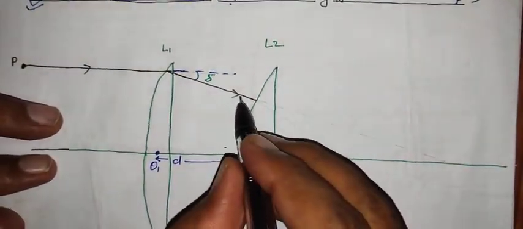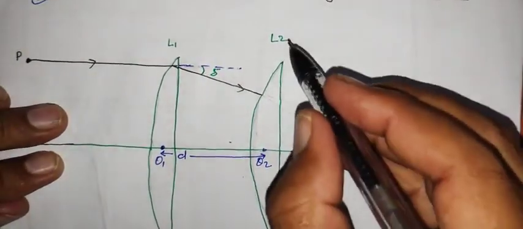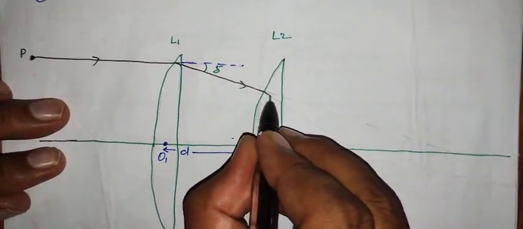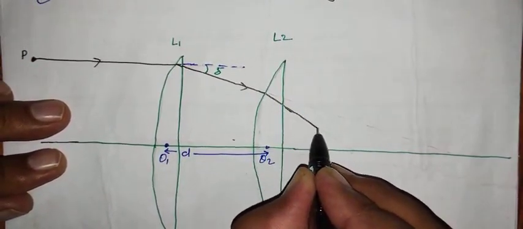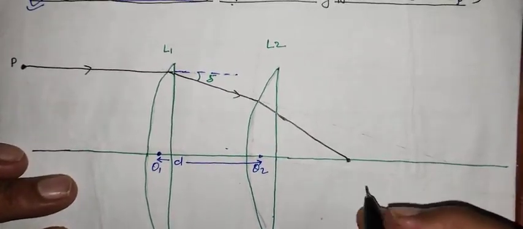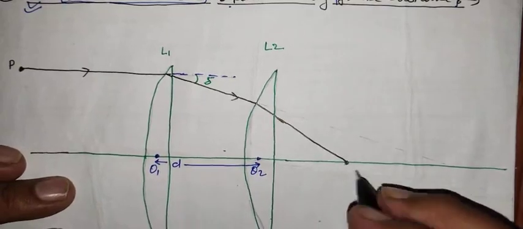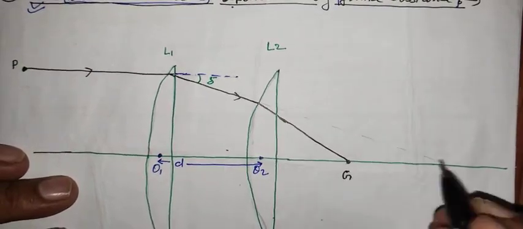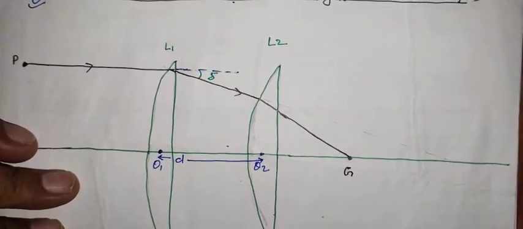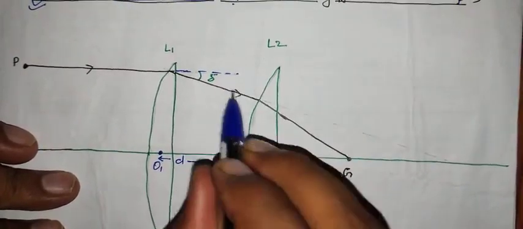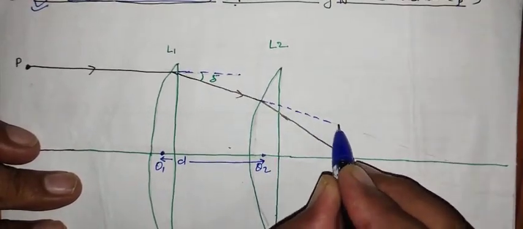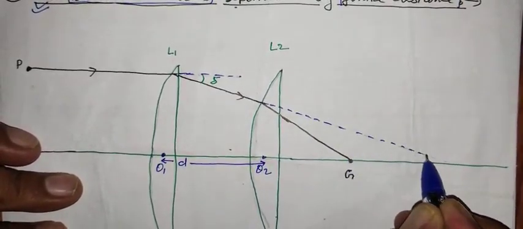Further, when this refracted ray falls on the second plano-convex lens L2, refraction takes place again, and let the final image be formed at point G. If the second lens did not exist, then this refracted ray would follow this path here.